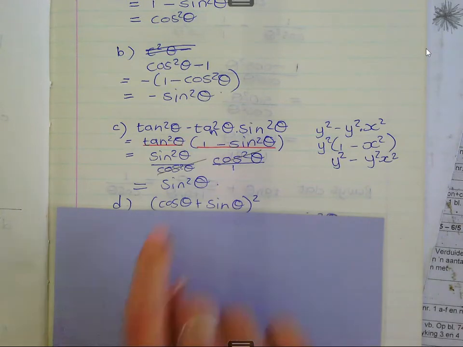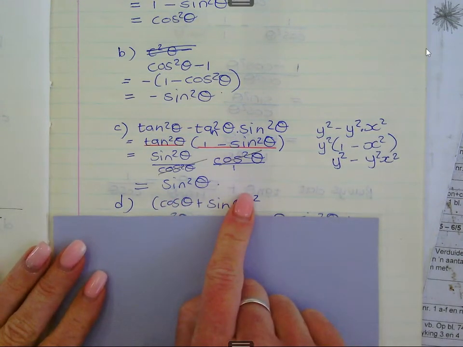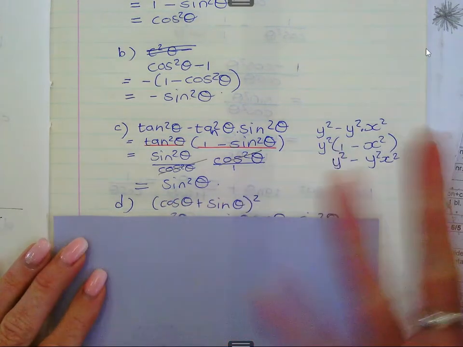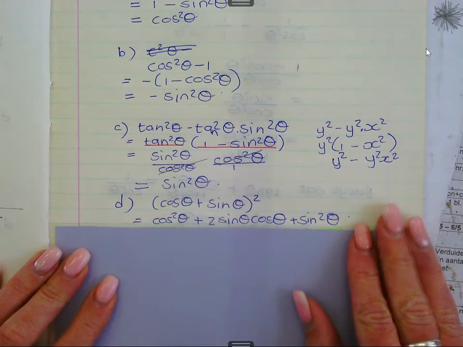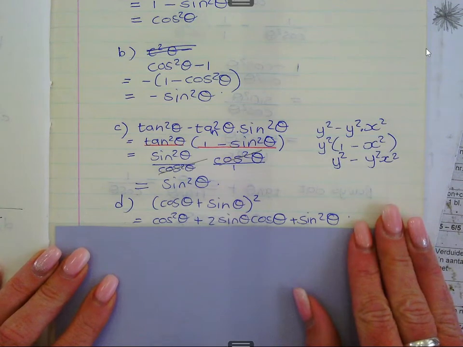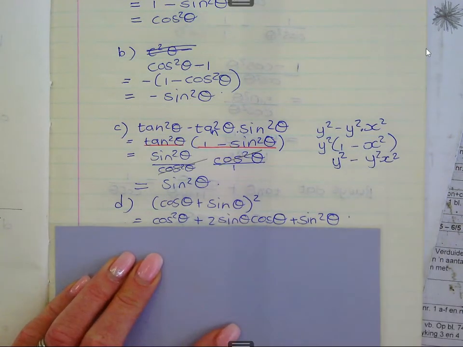Okay, good. First one times itself, first times second times 2, second times itself. Would you be able to do that? Yes, and then it would look like this: cos squared theta plus 2 sin theta cos theta plus sin squared theta. Algebra, nothing new.